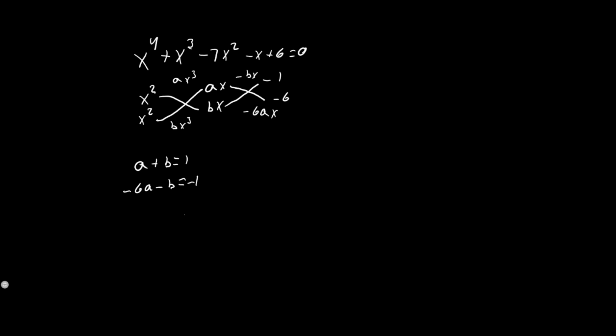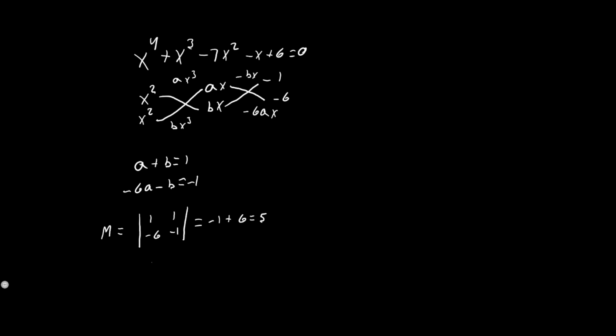And we're going to go ahead and use Cramer's rule to solve the system of equations. So we will have our matrix of 1, 1, negative 6, and negative 1, which is going to give us negative 1 plus 6, which will give us 5.